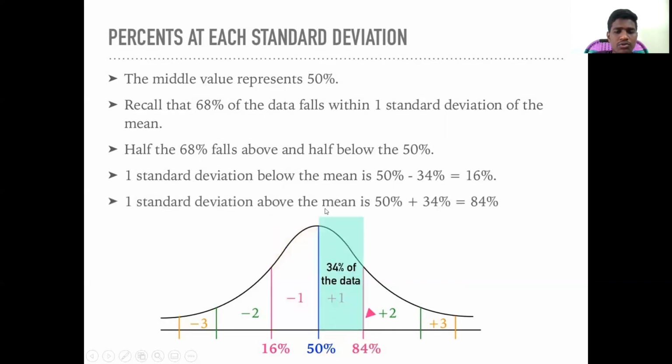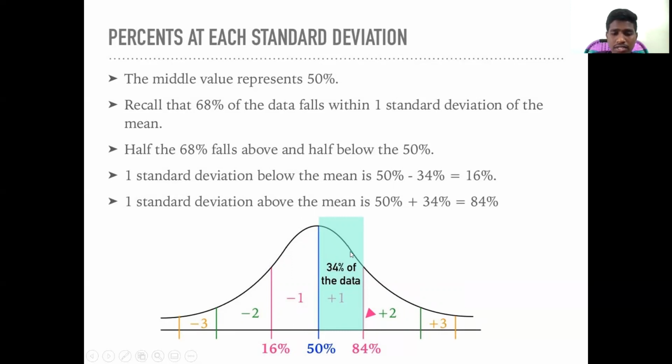One standard deviation above the mean is 50% plus 34%, equal to 84%. That means from the far left up to +1 covers 84%, and the remaining 16% is covered in +2, +3 and so on.